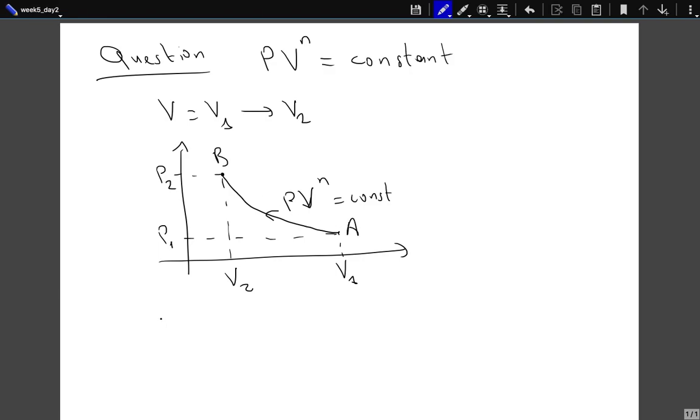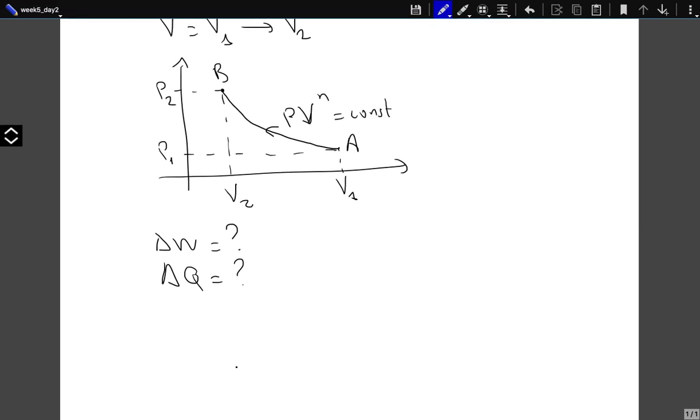What is the work done? What is the heat given to the system, if any? So how should we proceed? So it should be an adiabatic process. Well, you see, for an ideal gas, the adiabatic process is PV to the gamma equal to constant, where gamma is Cp over Cv.